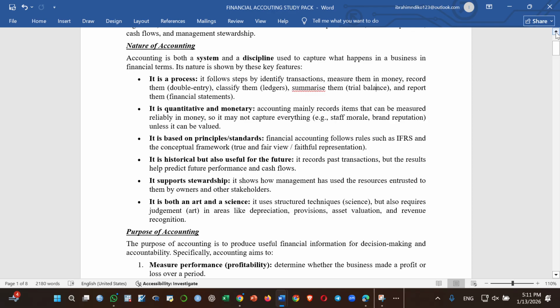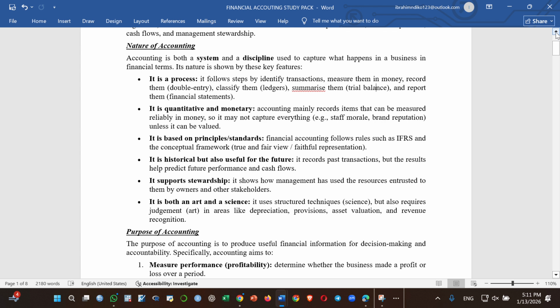And therefore the management should support what we call stewardship. That is to make sure that the resources of the owners are well safeguarded, well utilized, and there is no embezzlement and such a thing. That also forms the nature of accounting.